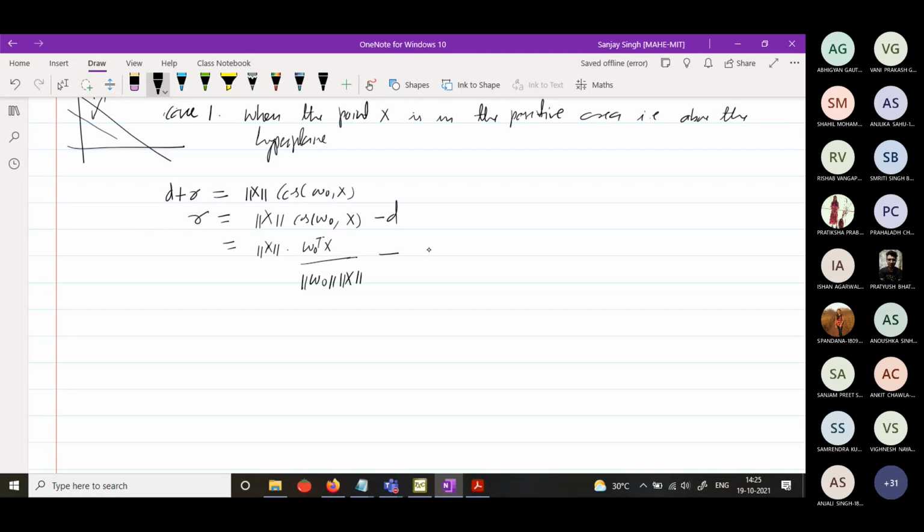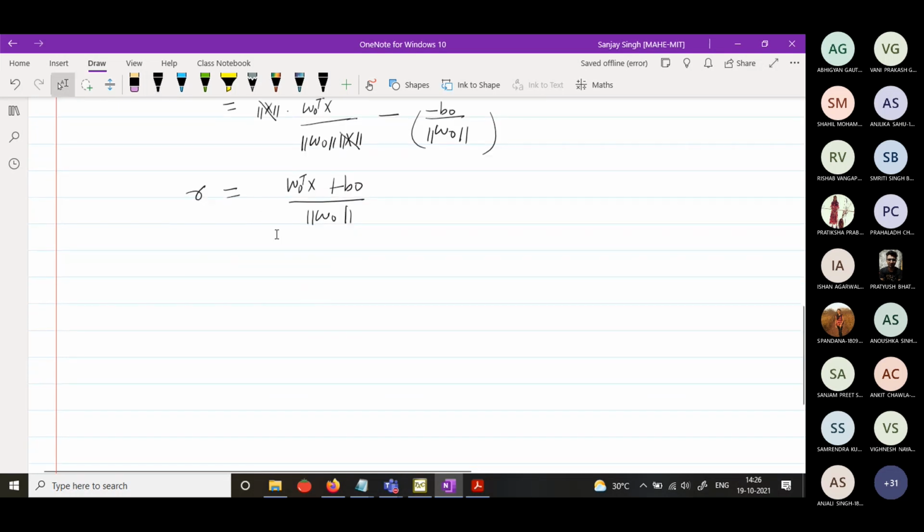Minus d is nothing but minus b naught. So we have w naught transpose x minus, and the denominator is the norm of w naught. This minus and minus becomes plus b naught, over the norm of w naught, right? So this is r when it is lying on the positive side.